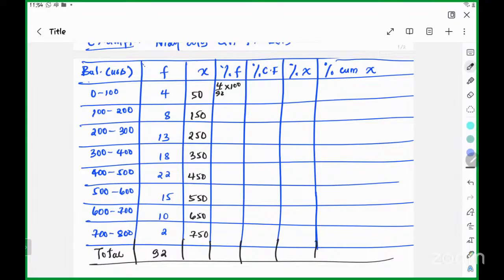Now, just a second. One decimal place may give you something more. It may raise it higher. 4.35, let's keep 2 decimal places.